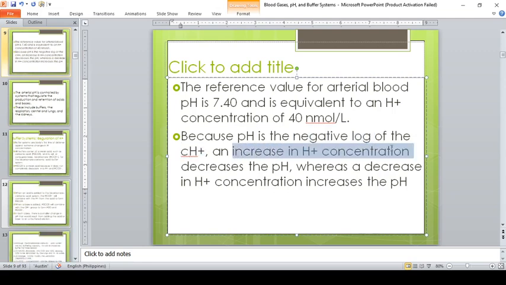An increase in hydrogen ion concentration, ano ibig sabihin nun? An increase in hydrogen ion concentration, ano mangyayari sa pH? Guys, bababa yung pH kasi magiging acidic siya. Pero kapag mababa ang hydrogen ion concentration mo, anong mangyayari sa pH? Tataas kasi magiging alkaline. Nagigets? Diba? Magkaiba, hindi sila directly proportional.